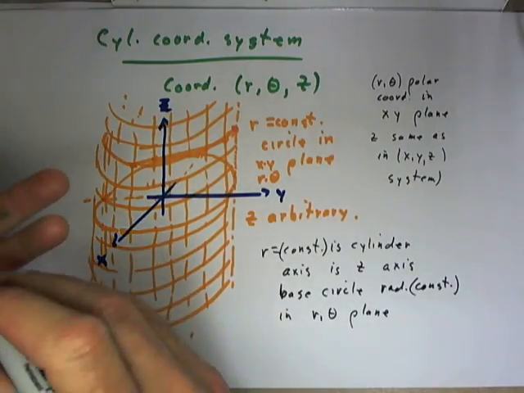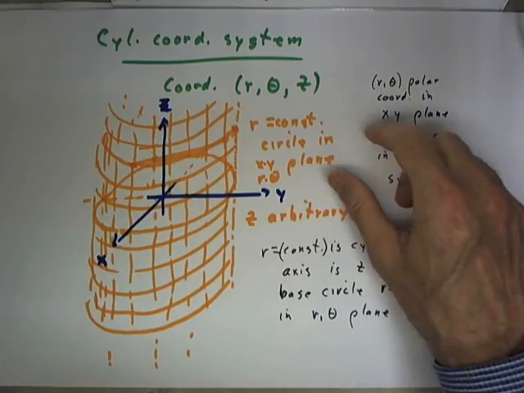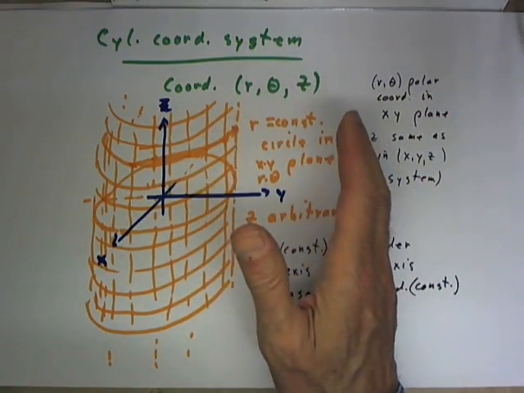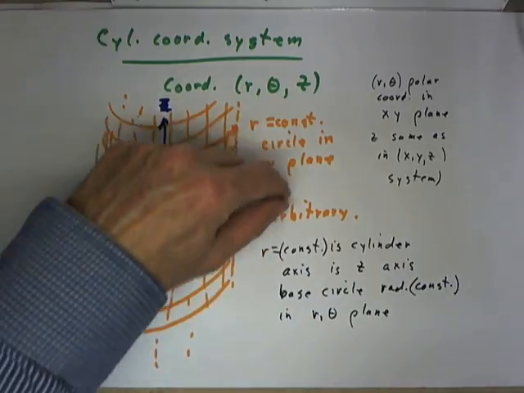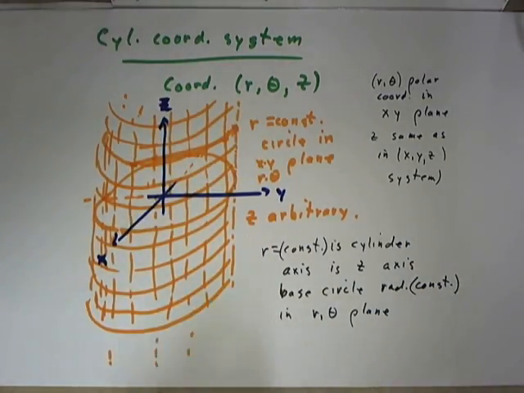So whereas, again, in the xyz system, letting x or y or z equal constant gives us a plane parallel to one of the coordinate planes, letting r equal constant gives us a cylinder, an infinite cylinder. Kind of wraps a plane around itself.